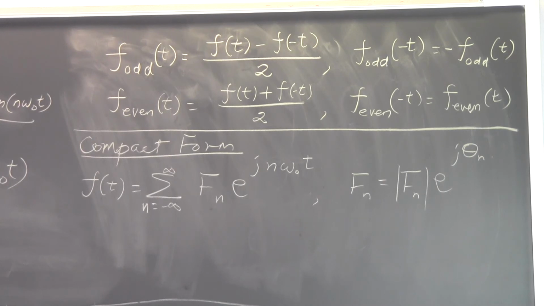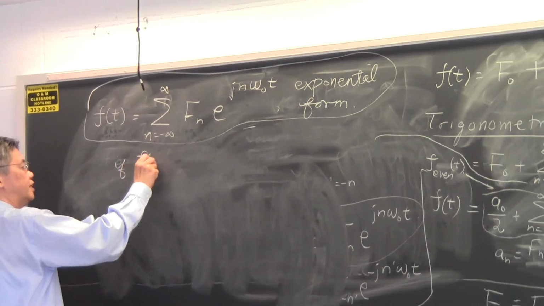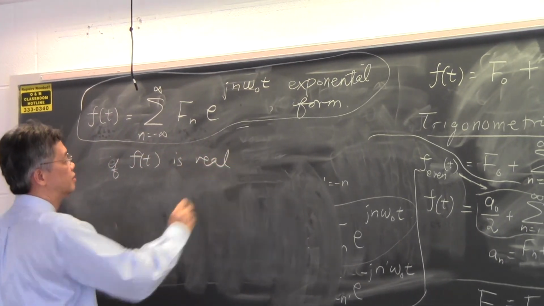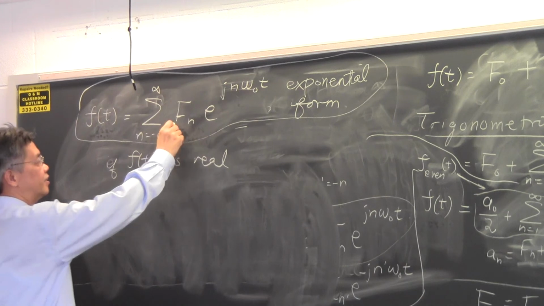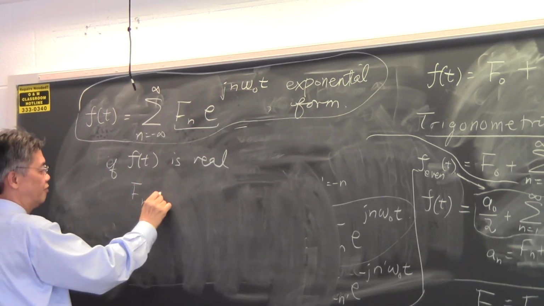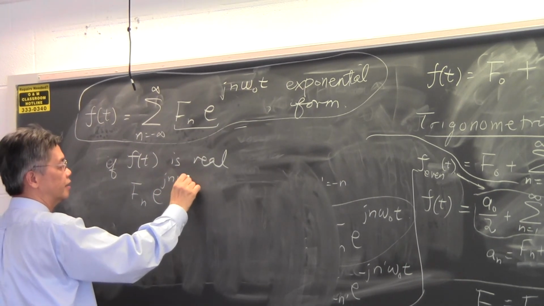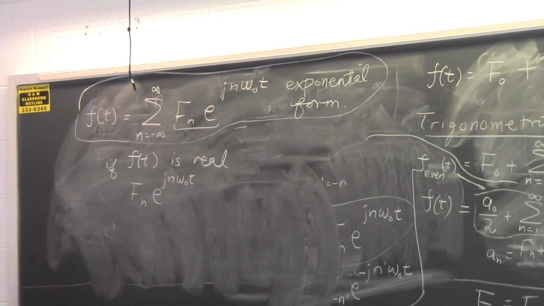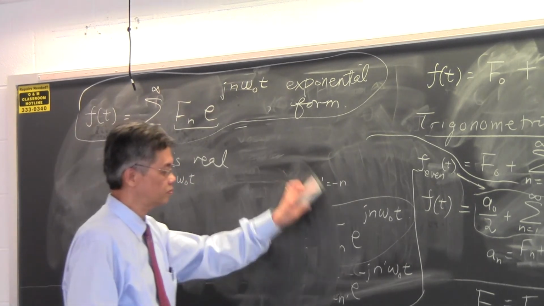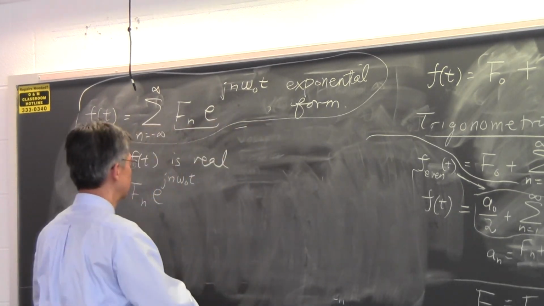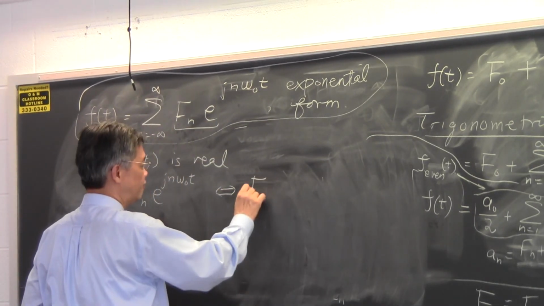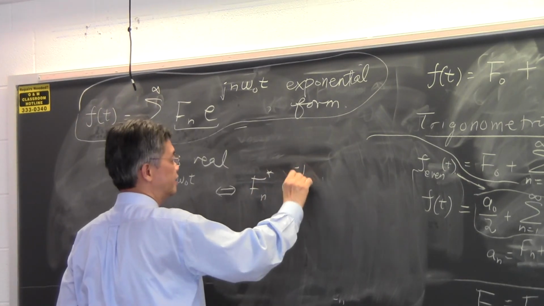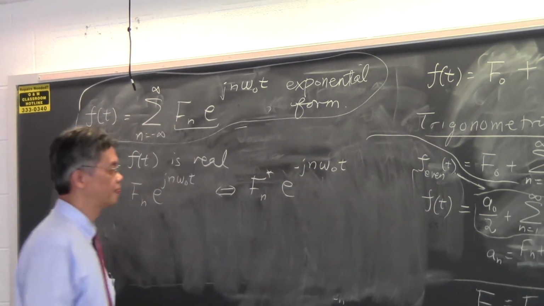So if f of t is real, and I take a term f_n e to the j n omega naught t, what is the complex conjugate of this? The complex conjugate of this is f_n complex conjugate e to the minus j n omega naught t.